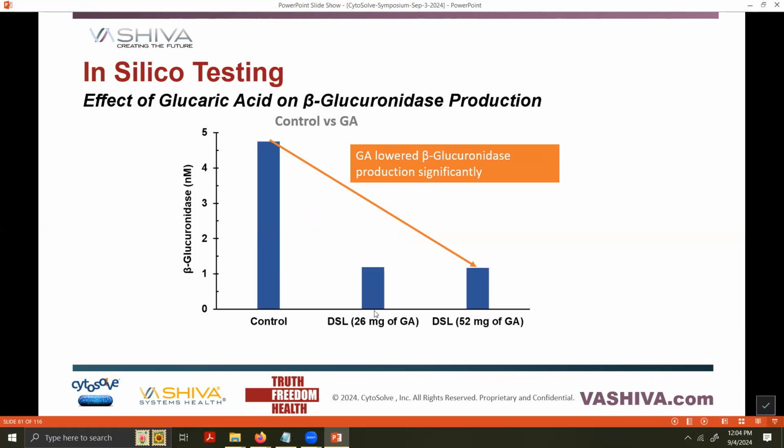So we can just stop at 26 milligrams of glucaric acid. That's the last biomarker. Basically, all the biomarkers of liver detoxification were reduced, some greatly, some not as significantly.